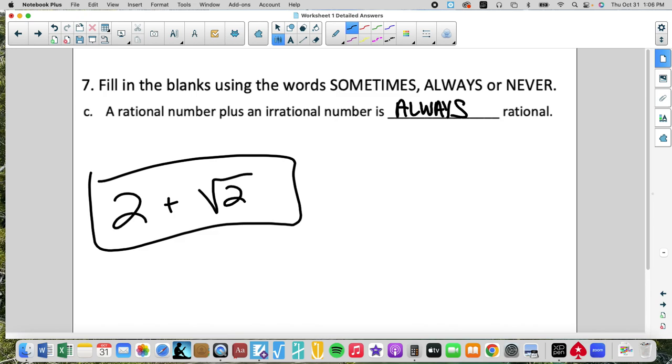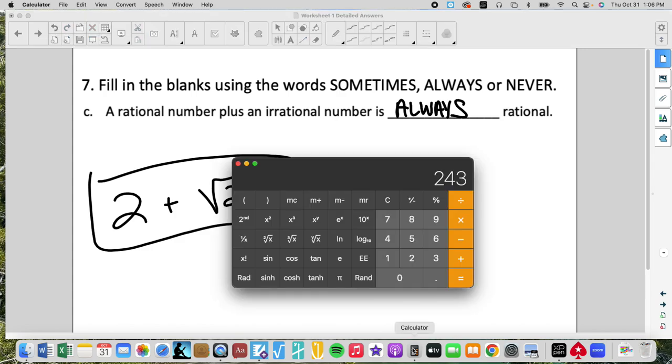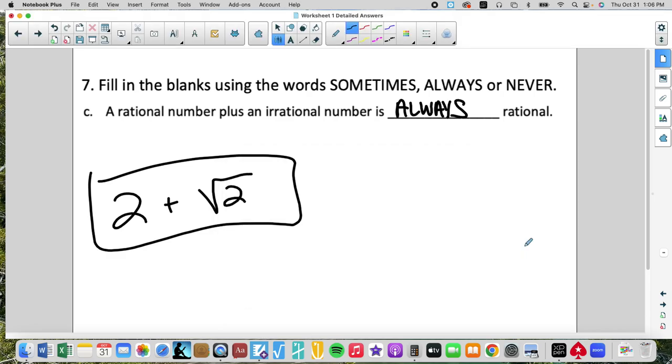You can't even add the whole number to the irrational number, technically. You can write the square root of 2 plus 2, but that's still irrational. So always irrational.